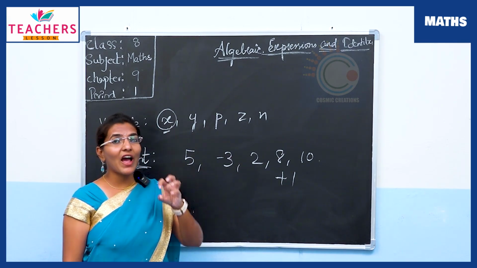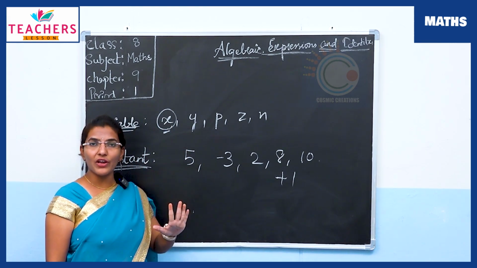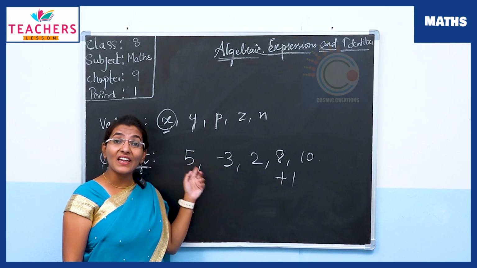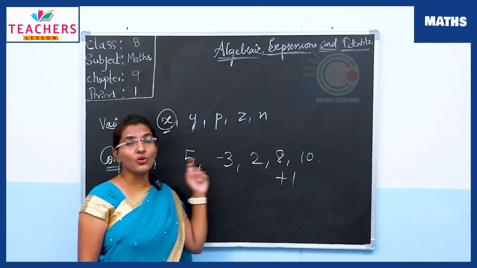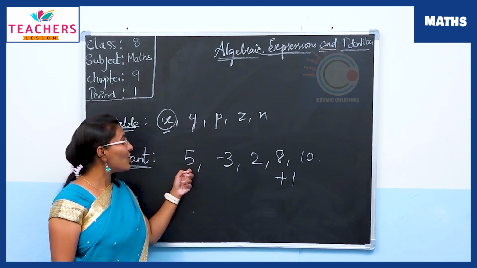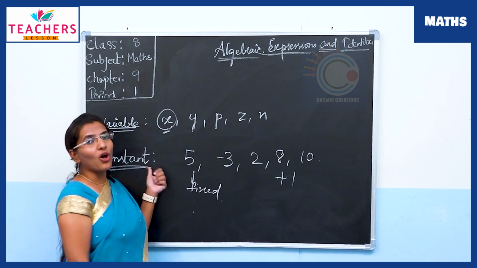That means their value is fixed, right? 5 is 5 only. It will not get increased unless we add any other number to it, right? So, a constant is nothing but the value is a fixed one. That's why we call it a constant.